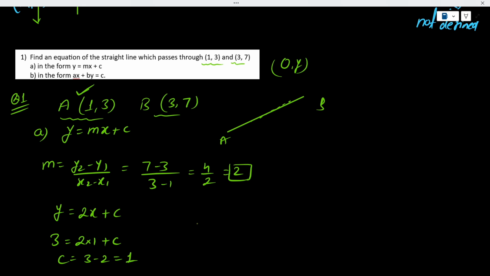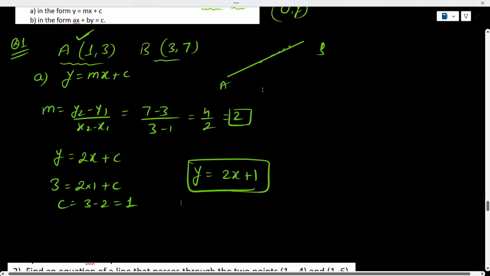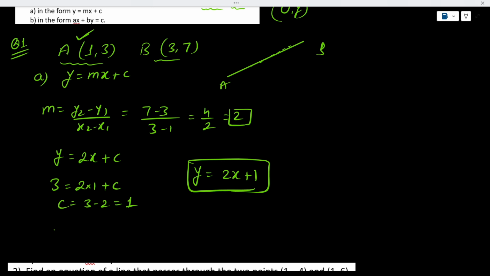So what is going to be your equation of line here? 2x plus 1, right? This is your equation of line. Then after that, we need to write this in the form of ax plus by equals c. So how can we do it here? If I take ax plus by, you can take y to the right side, and 1 you can bring to the left hand side.